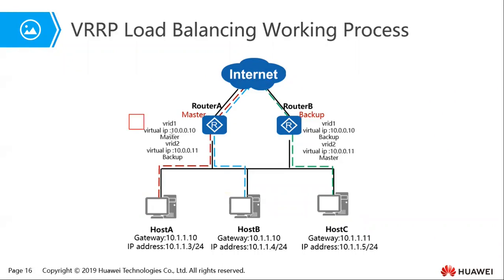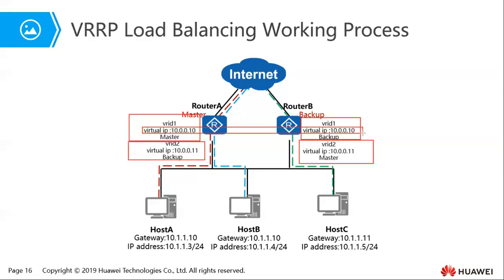So what we do is we configure two groups in each router. So group 1 and group 2 on both routers. Now let's focus on the virtual address. The virtual address for group 1 is 10.0.0.10.